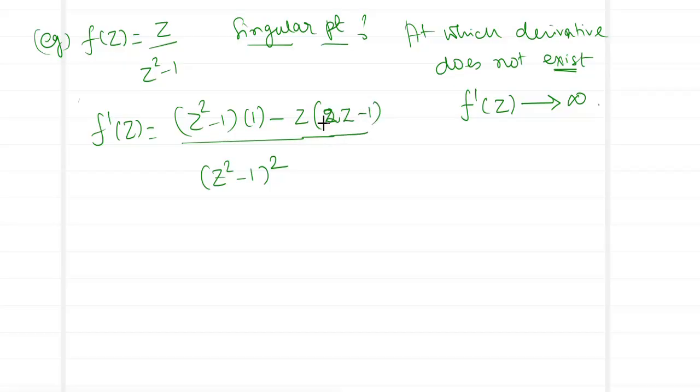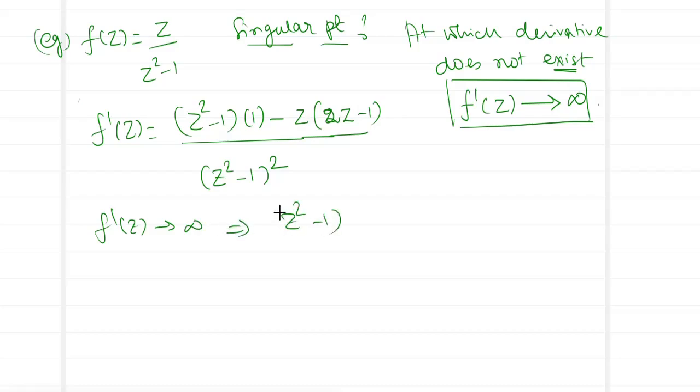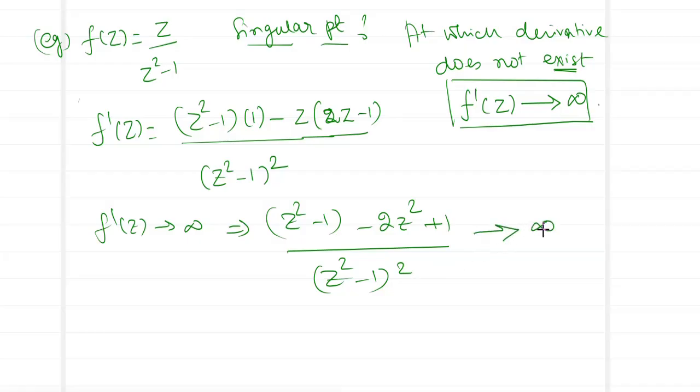So now my f dash has to move towards infinity. So I will have z square minus 1 minus 2z square, that is, minus z square minus 1, divided by z square minus 1 the whole square, has to move towards infinity.